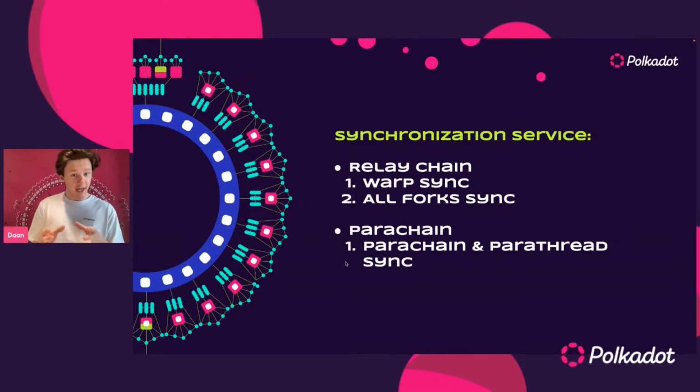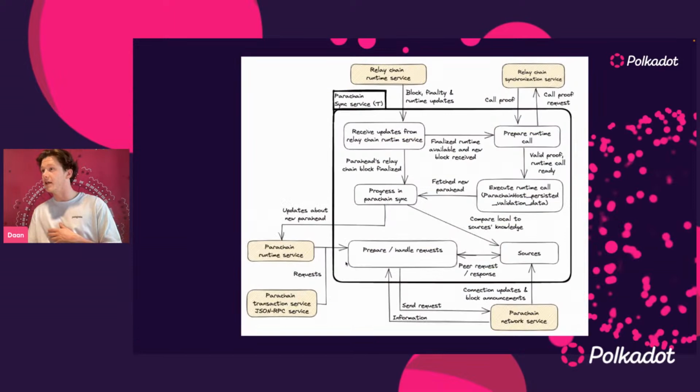So when we have a finalized block and the finalized runtime, we make a runtime call, which is the parachain host persisted validation data runtime call. And this gives us the parachain header in the state of that particular block. So when we call that against a finalized block, we have the latest finalized parachain header.